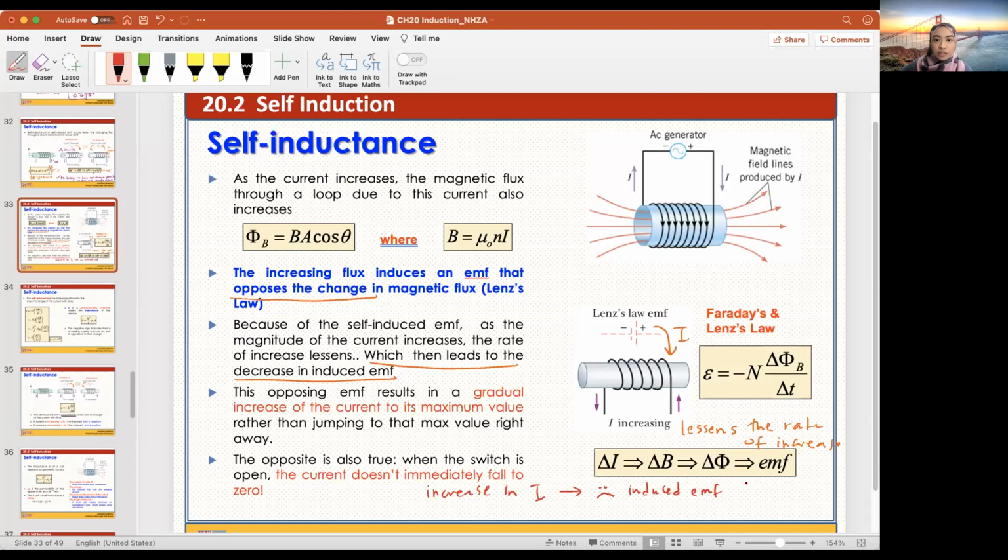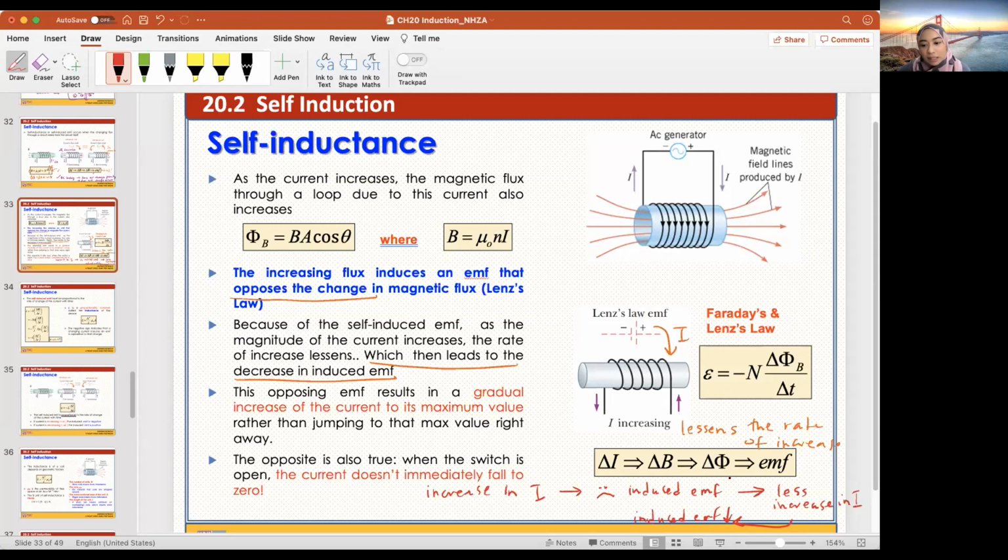When I have self-induced EMF, I am actually opposing the current, which now makes the current have less increase in I. So when the increase rate decreases, the induced EMF doesn't need to oppose so much. It sees that the current only rose a little, so we don't need to make the induced EMF so high.